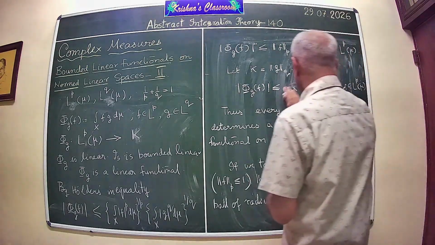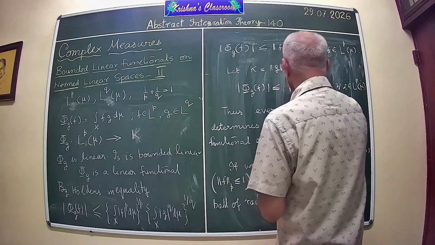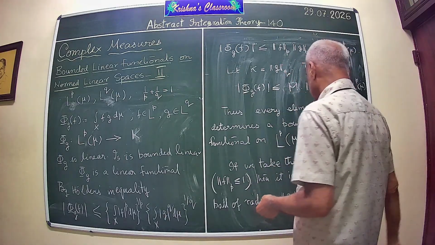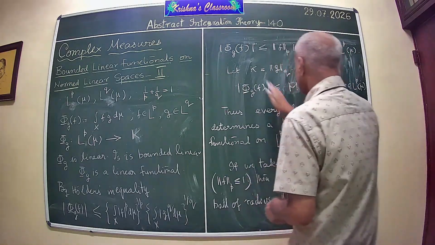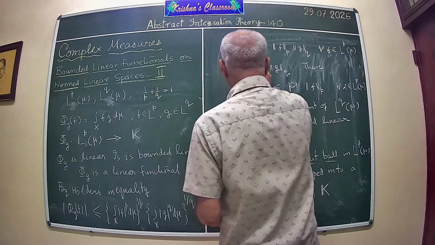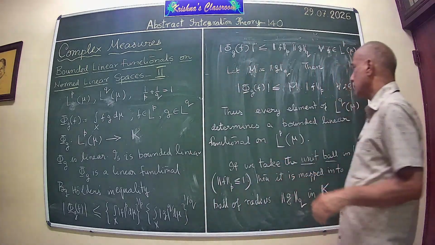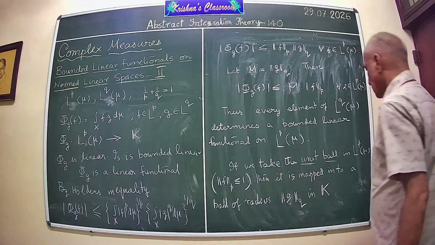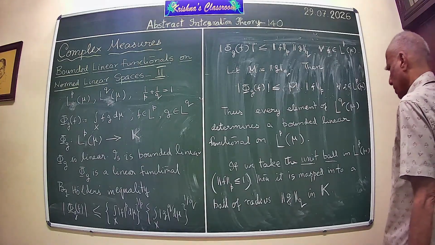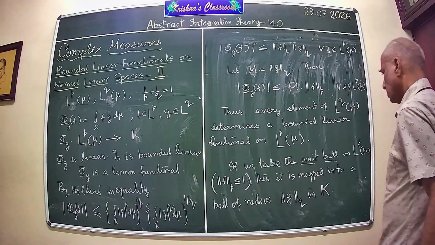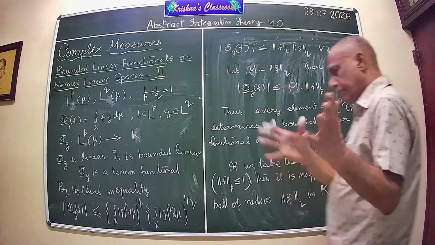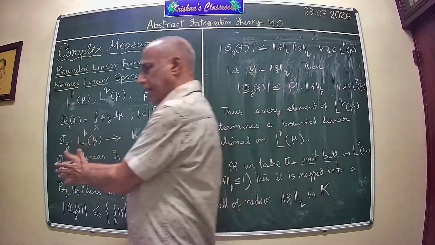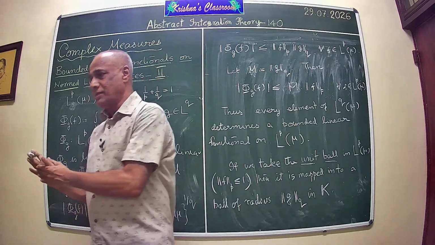I think I just use another notation here, so that there is no confusion. So you see, it's a map from LP to K, right?